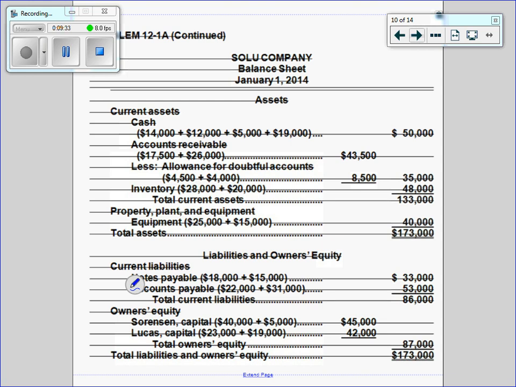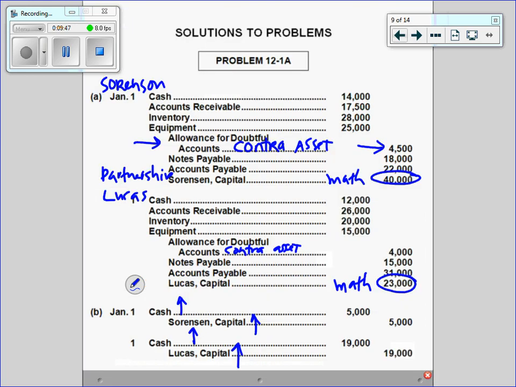It just is basically taking all those assets that are coming in, listing them there, whatever liabilities are left, and then each of the owner's capital accounts. So we're not going to do that portion. One more time, if you missed something, it's all there. And that's the first problem. So you will do the B version of that tonight as homework.